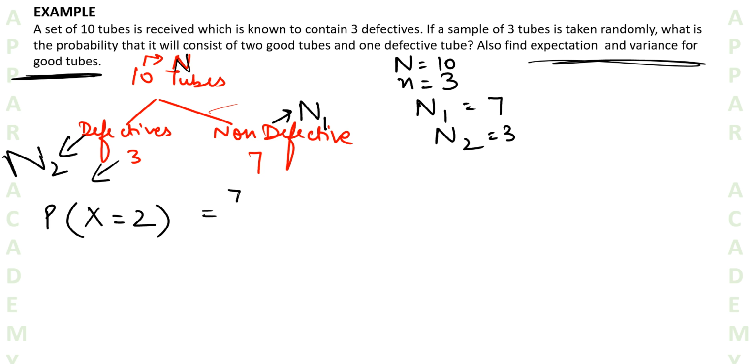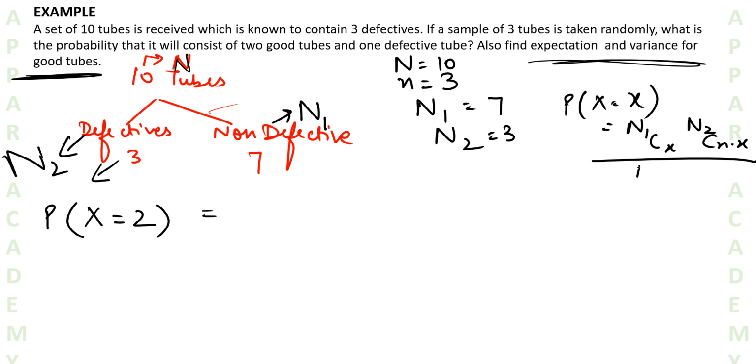Let's write down the formula first. Probability of X equal to x is simply equal to N1Cx into N2C(n minus x) upon NCn.